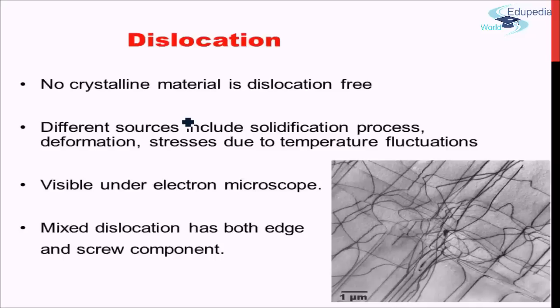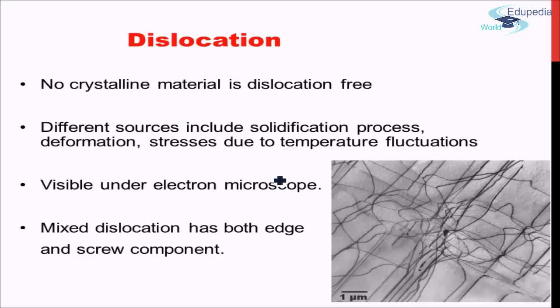The sources vary from the solidification process itself, the process where the solid material is actually being formed. A lot of dislocations are introduced at that time, to deformation processes like rolling and forging. Those kinds of processes introduce a lot of dislocations, as well as temperature fluctuations, if present, that create stress, and that leads to a lot of dislocation formation within the material.